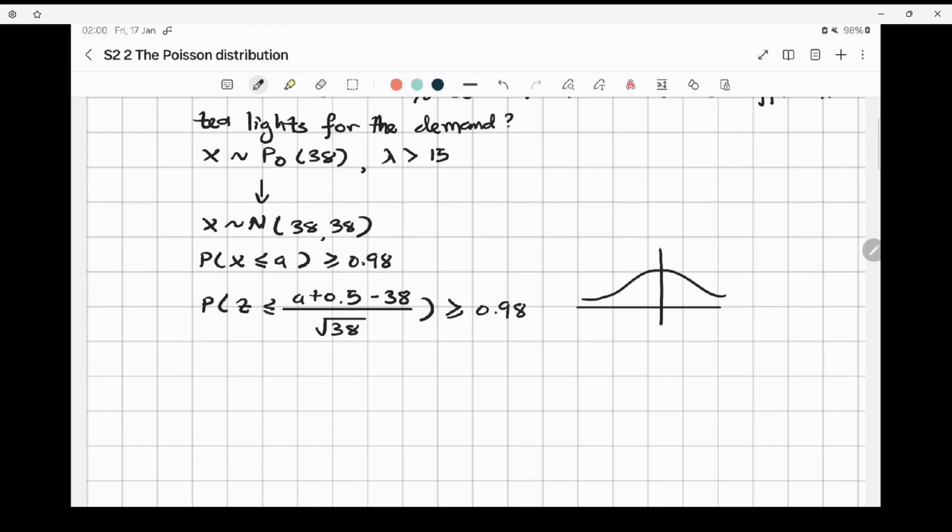So 0.98 should be somewhere here, because the probability is greater than 0.5.